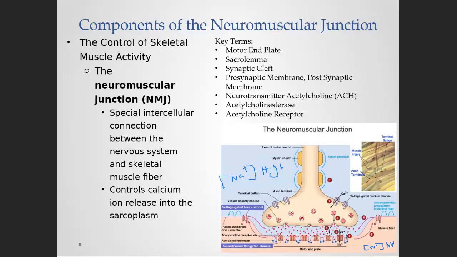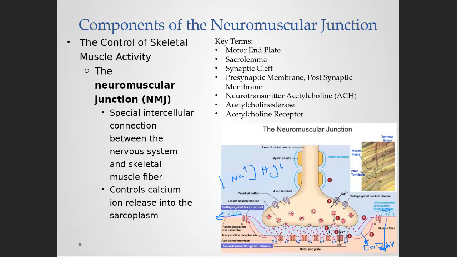And by letting a positive ion from the outside in, we are going to change the positive, negative electrical balance. And that is what, in very simple terms right now, creates an electrical event that can now spread down the sarcolemma, around the width of the sarcolemma, and then through my T-tubules to the center of the cell.